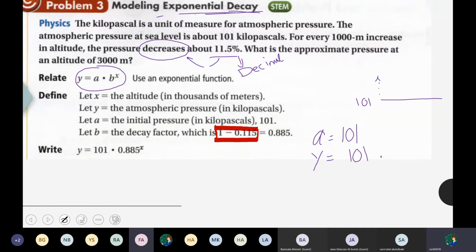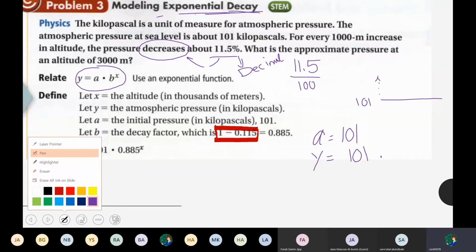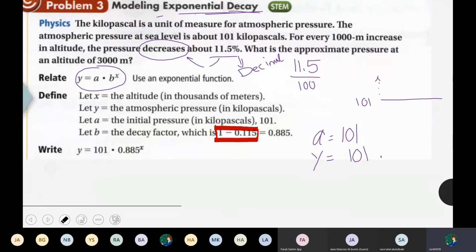Miss, it is written as a decimal. Yes, but if you want to solve it, it didn't give you the numbers as a decimal. I want to show you how. So it is 11.5 over 100. Then, look at me.